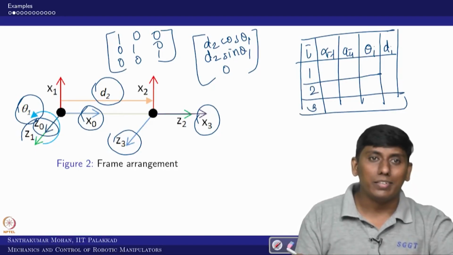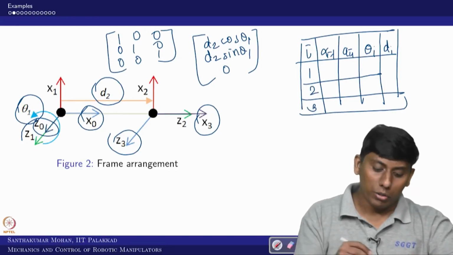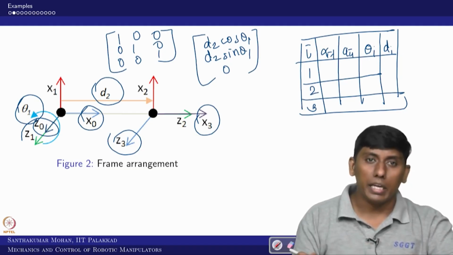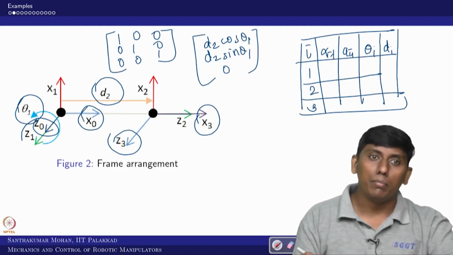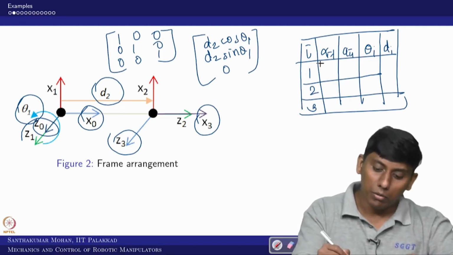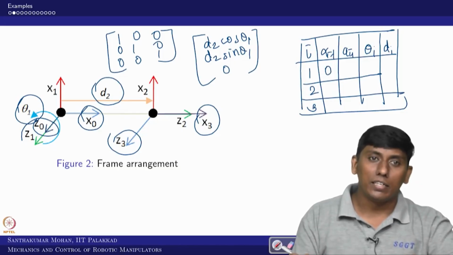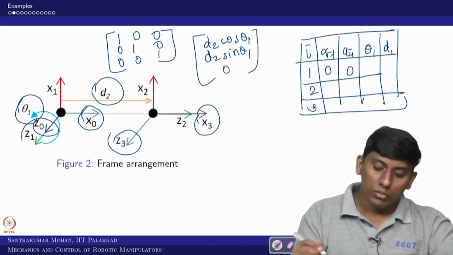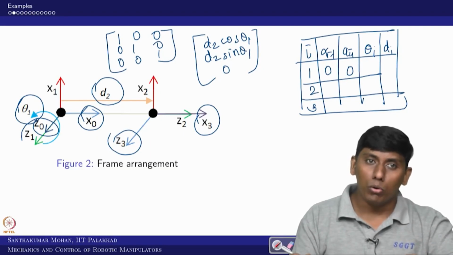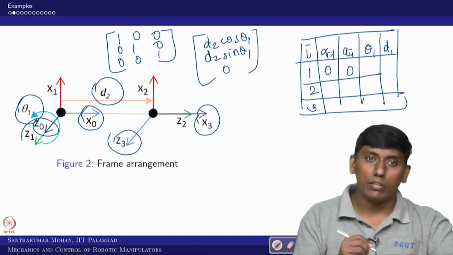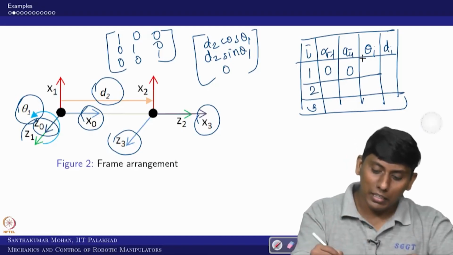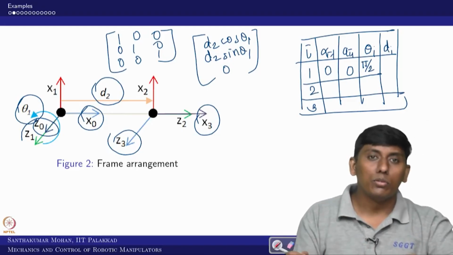So from 0 to 1, with respect to x0, is there any angle between z0 and z1? No, right. Is there any distance between z0 and z1 along x0? No. Is there any angle between x0 and x1? Yes, which is 90 degree. In addition to that, what?